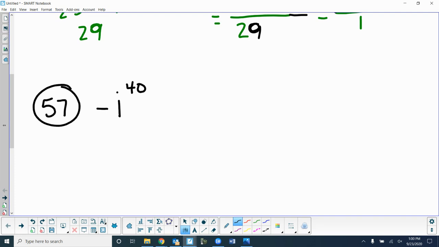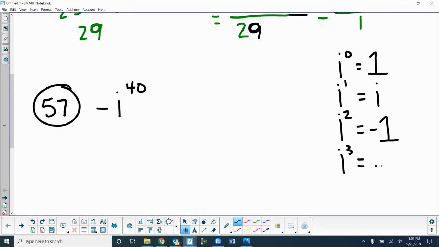Okay, so what we talked about yesterday, we had a little table we did, and we said that i to the 0 was equal to 1, and i to the first was equal to i, and i squared we know is negative 1, and then i cubed comes out to be negative i. Those are our 4 possible answers for these types of problems. Okay? So since there's only 4 possible answers, we divide the big exponent, 40, by 4.